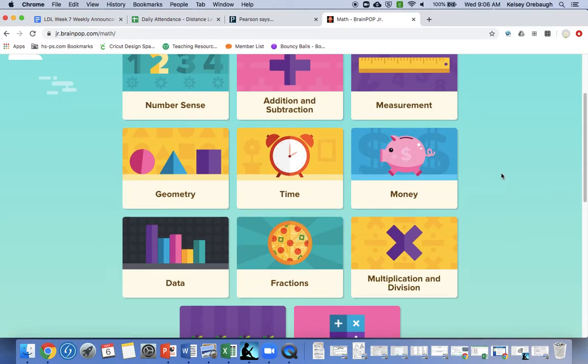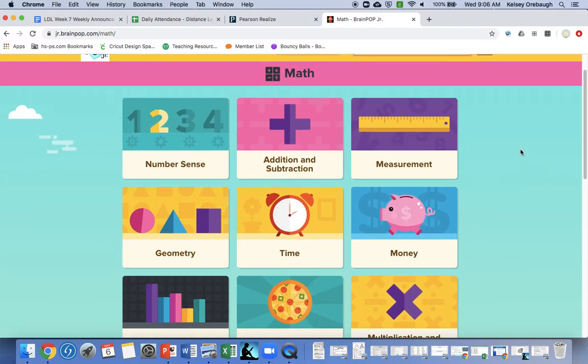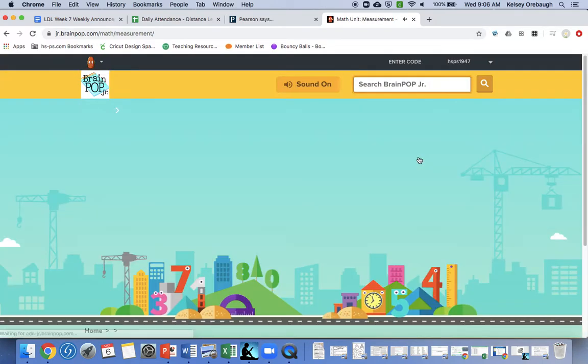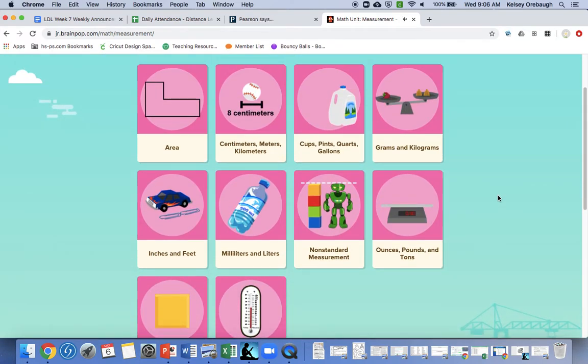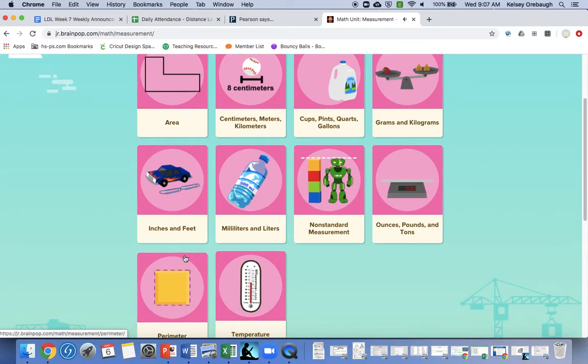We talked about money in our last topic. Now we're working with measurement. You see the ruler here. You click on measurement, and there are tons of resources for measurement. We're measuring length for this topic, so the videos that will probably be most useful to us are the centimeters, meters, and kilometers, and then the inches and feet. We haven't gotten to meters or feet yet, but we will in this topic.